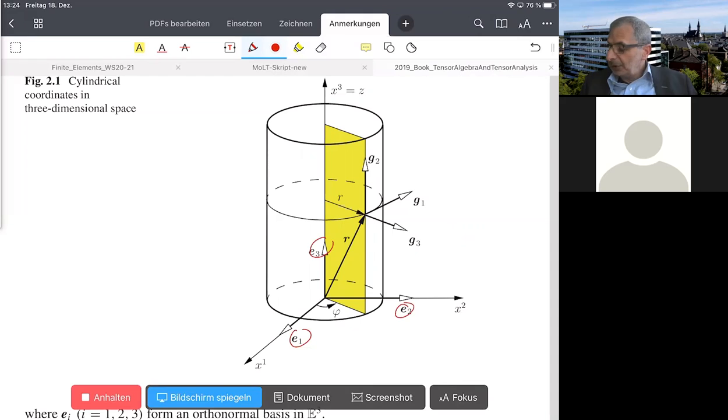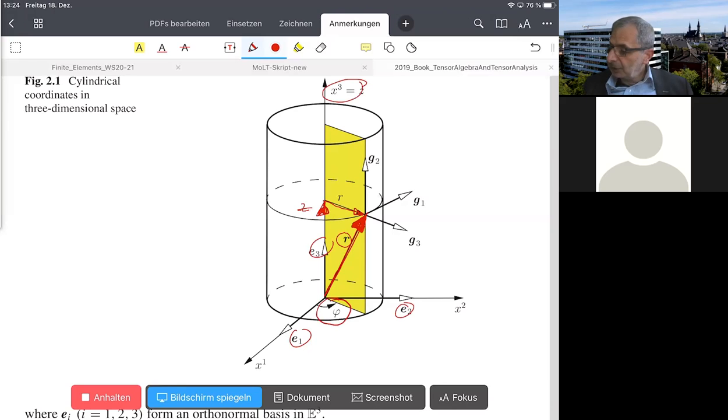And what we do here, right, we have an arbitrary vector R, and how can I express this vector? I can express it in terms of three coordinates. Phi, the angle of this plane, you see the yellow plane. The radius of the circle here, R, and also this vertical coordinate zeta. If I make a projection of this vector R to this vertical axis, I get this coordinate zeta.